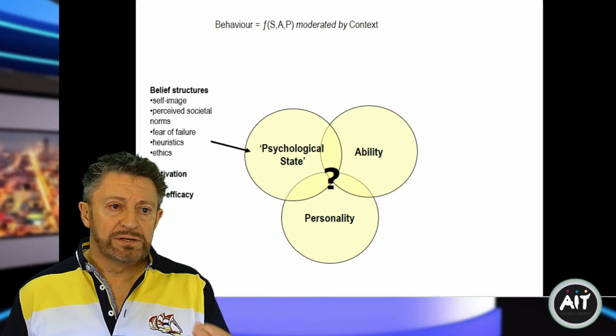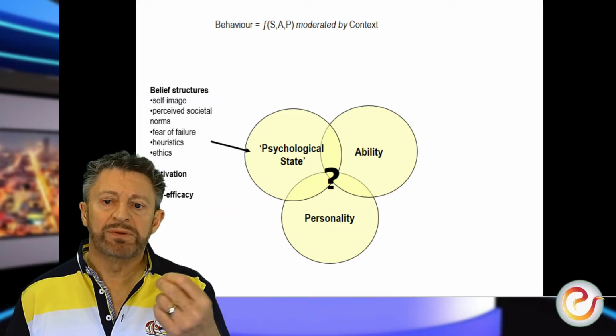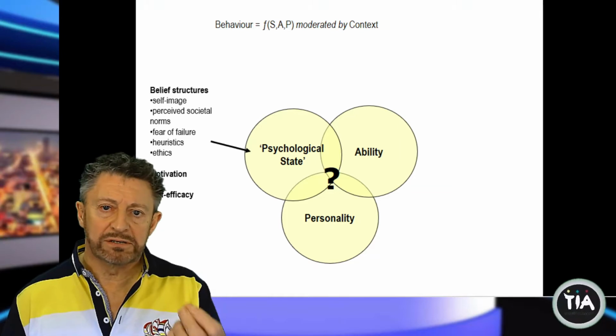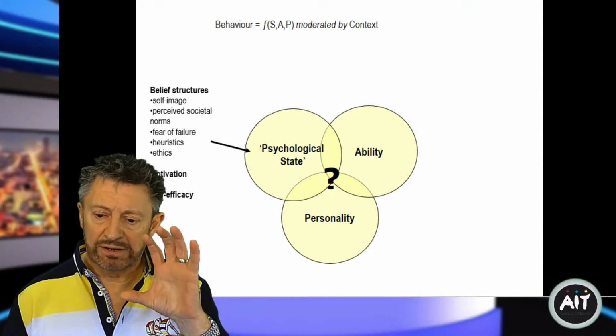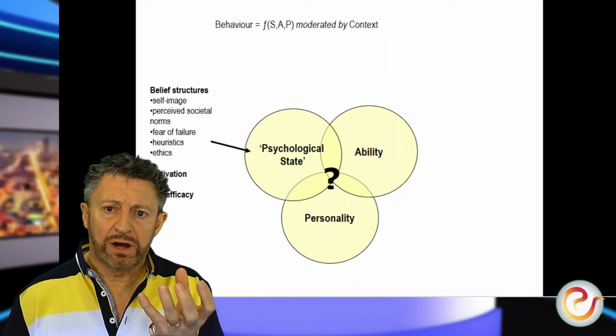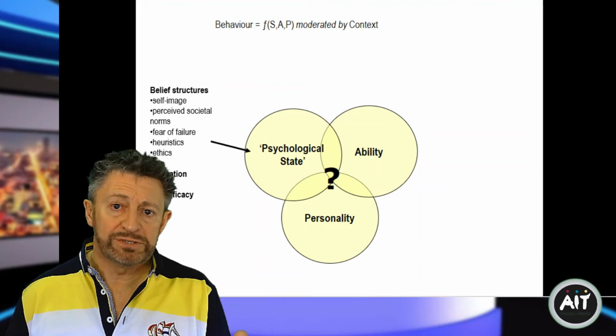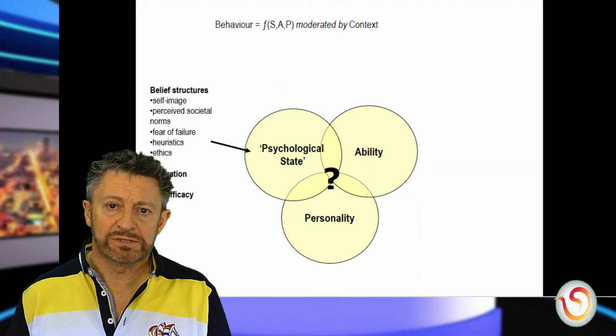Our fear of failure is a psychological state. So, and heuristics and ethics, what we believe to be correct, and our understanding and our heuristics and context in which we operate. We have this fear of failure. Therefore, we tend not to want to put ourselves forward. We won't want to take risks.